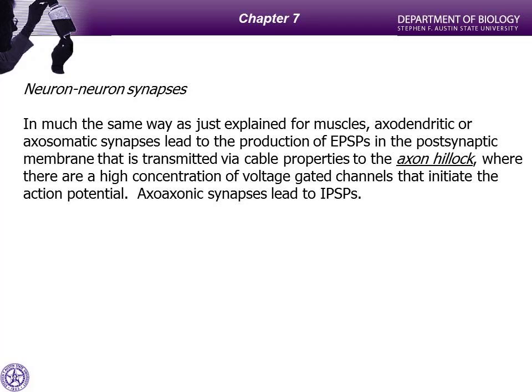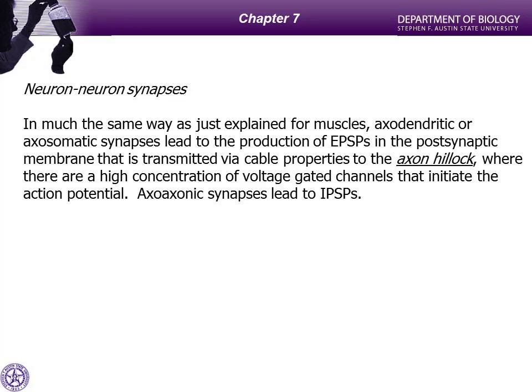Now as we look at synapses and we begin to think about neuron to neuron synapses in a similar way we've seen with our skeletal muscle. Remember, with our nicotinic receptor, which is an ion channel, it allows for an excitatory postsynaptic potential. We first refer to this as depolarization because we're making our plasma membrane more positive than -70.